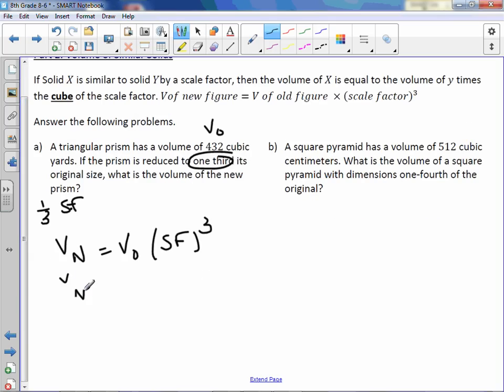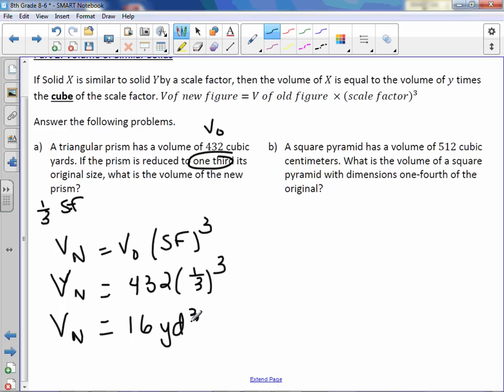Volume of new equals 432 times 1/3 cubed. Make sure 1/3 goes in parentheses. And we get a nice even 16, and it will be yards cubed.